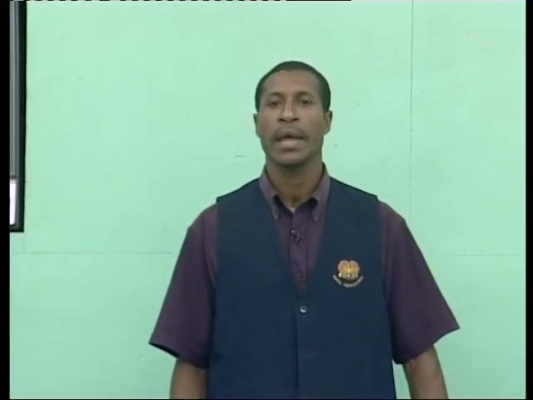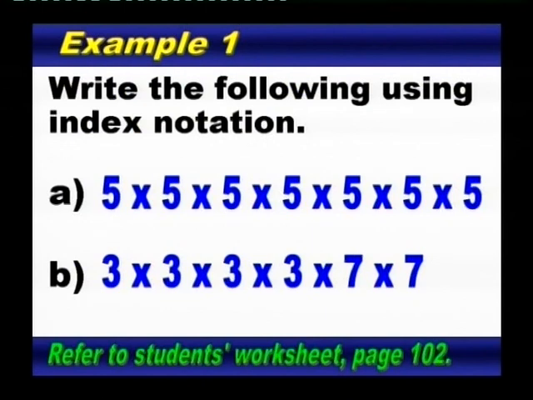Now let us look at an example of how we can express numbers in index notation. Now students, on the screen, I have an example. Example number 1 states: write the following using index notation.